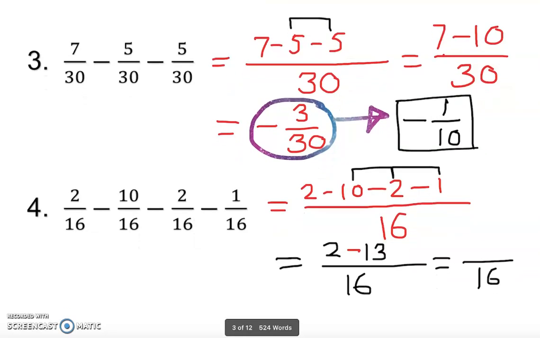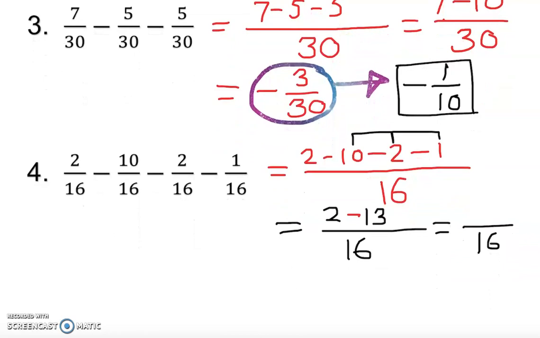It's going to give us 2 minus 13. Again, add with different signs: the number with the bigger absolute value minus the number with the smaller absolute value. 13 minus 2 is 11.